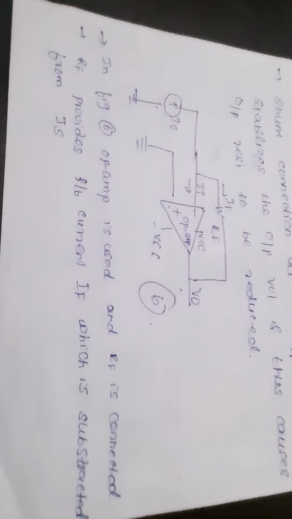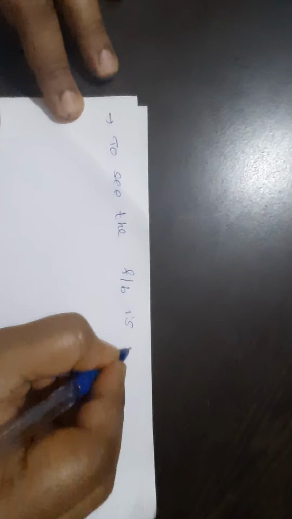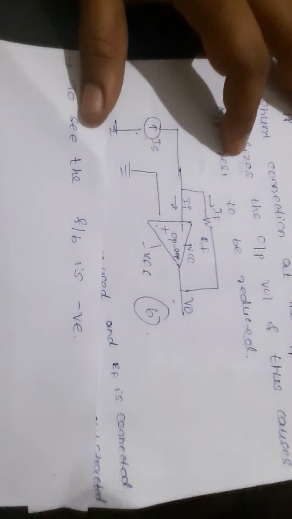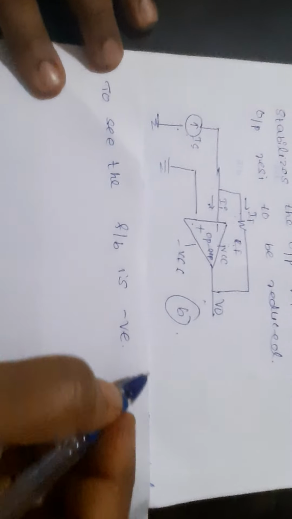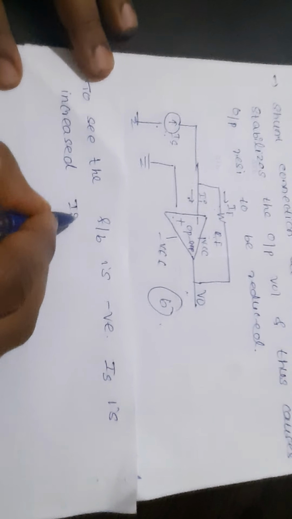I'll just repeat this point once again. I'll write here: to see if the feedback is negative. Now I have to check if the feedback is negative for this circuit. So what will we do? IS is increased at this point. Then what will happen?